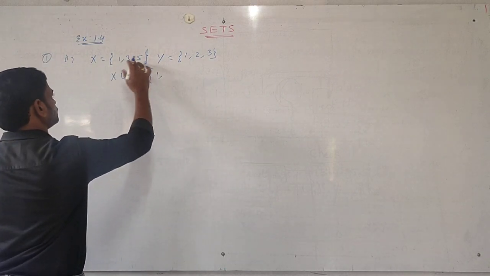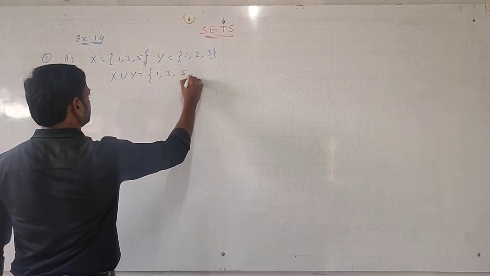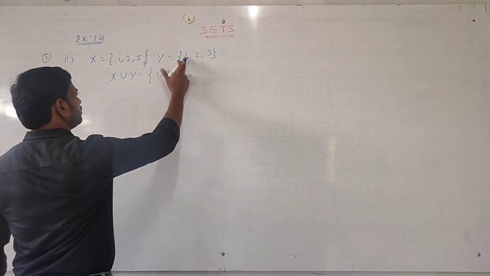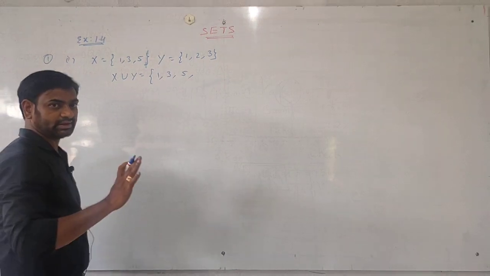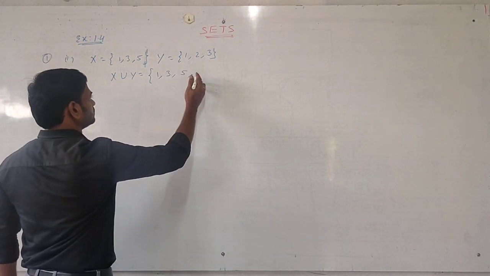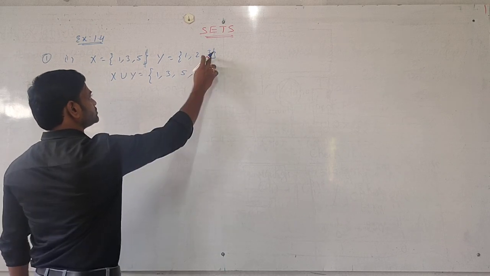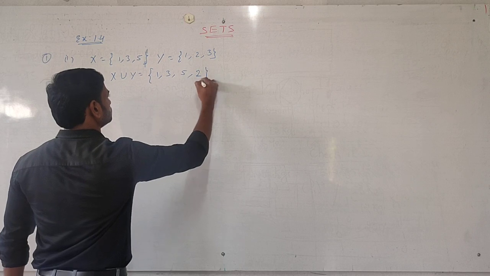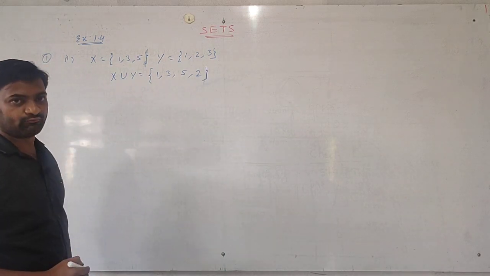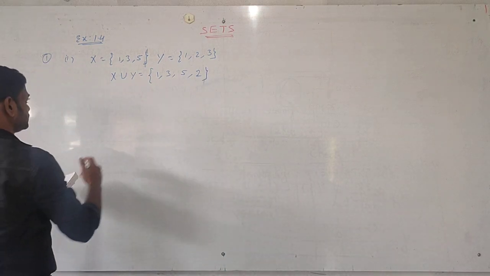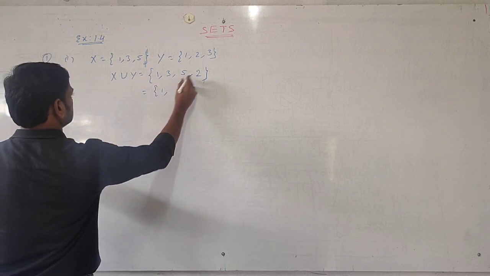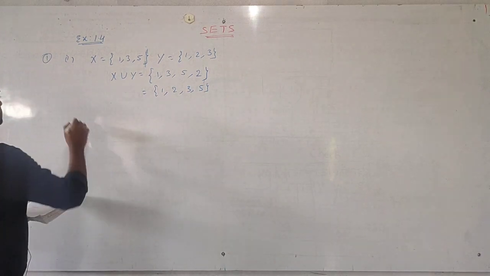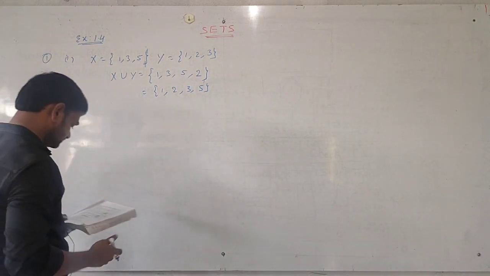First I am adding X values: 1, 3, 5. Next, what are the Y values? 1 I already wrote, don't write again. Next 2, I didn't write 2. Next 3, already I wrote. So these are X union Y. If you write it, it is 1, 2, 3, 5. That's it.